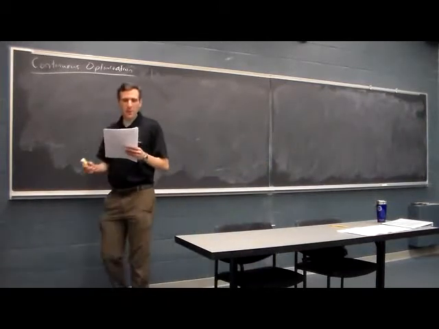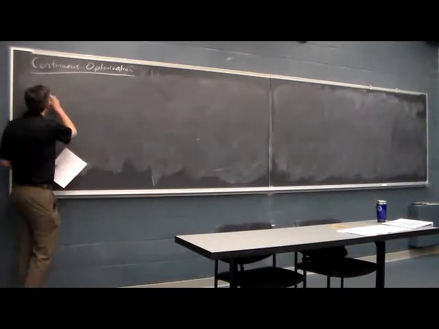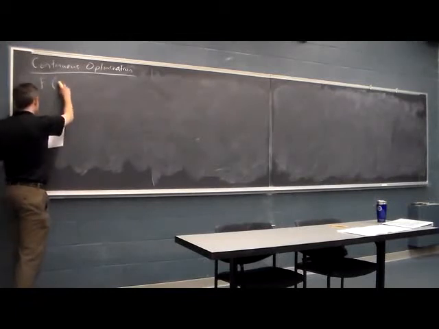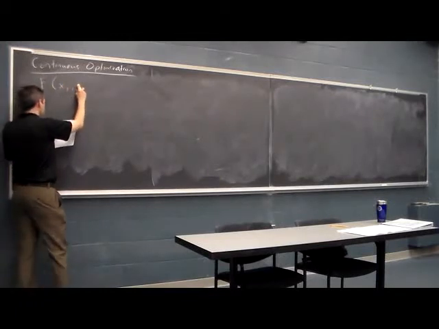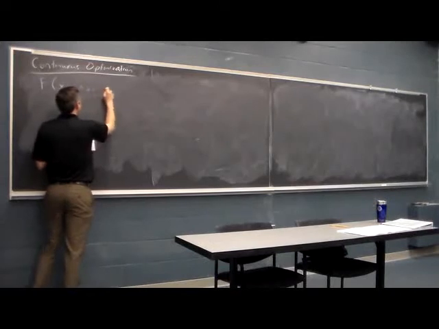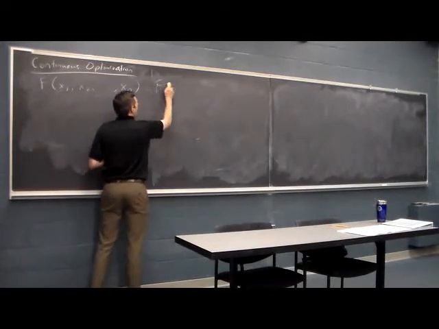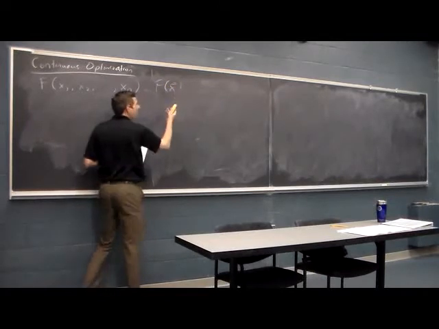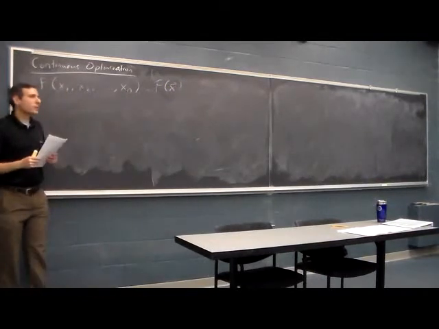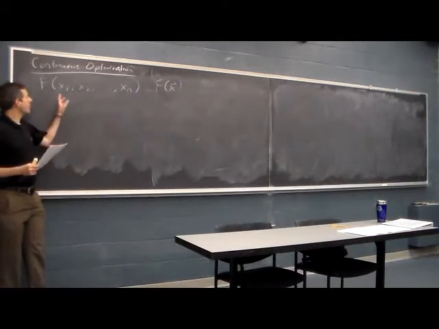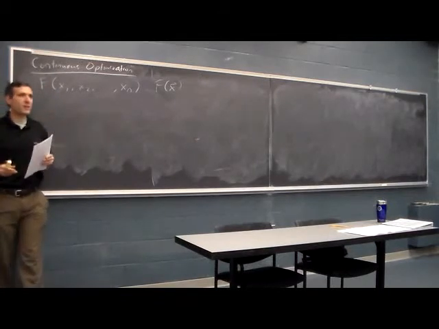And this is a problem in which we would assume in the general case we have some function of a bunch of continuous, that is real-valued, variables. We would often represent that as a function of simply a vector of real values. And we're trying to find maxima or minima of this function as a function of the set of variables.